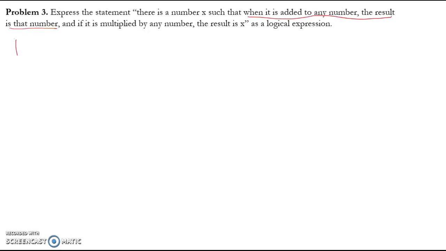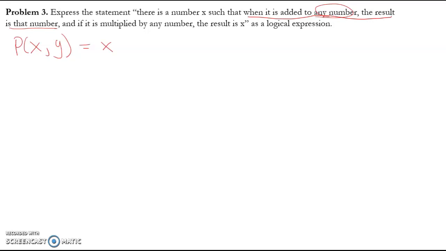So I'm going to call this P. It seems like I need two variables because, of course, I need x, it's our given, and it's saying that it's added to any number. That any number we don't know, so I'm going to call it y. Okay. So this statement can be written as when x is added to any number.